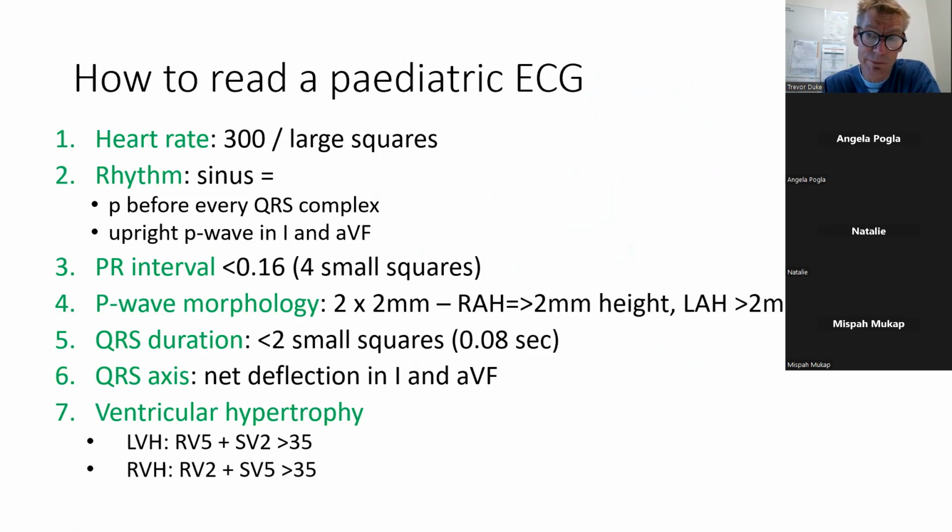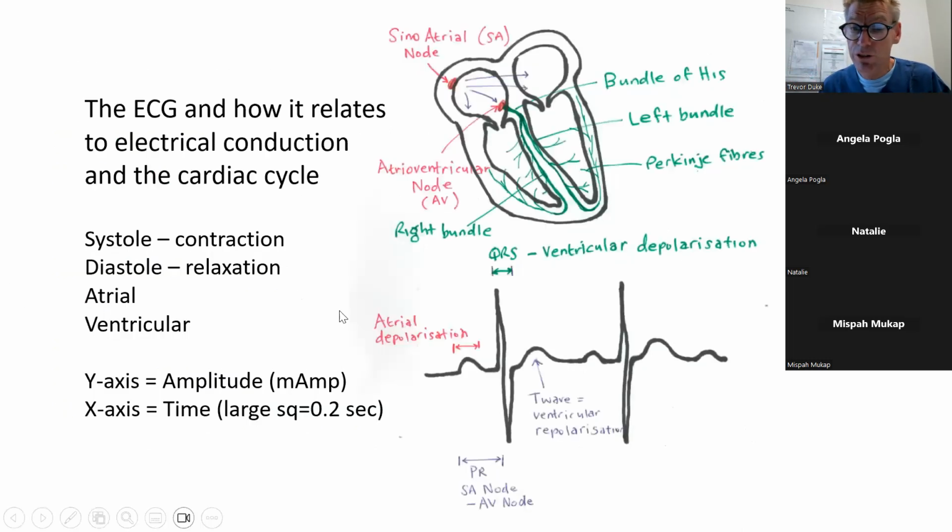The next thing to think about is what the P wave morphology is. Now, remember I said morphology just means shape. That's all it means. So when you're looking at the P wave morphology, it should be no more than 2 small squares in length, in time, and it should be no more than 2 small squares in height, okay?